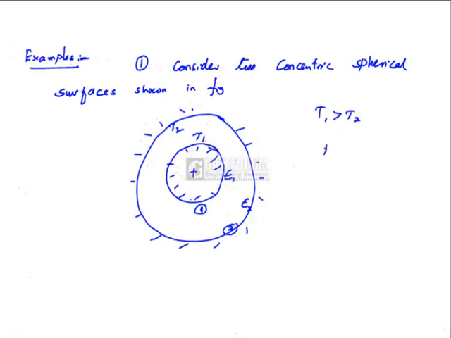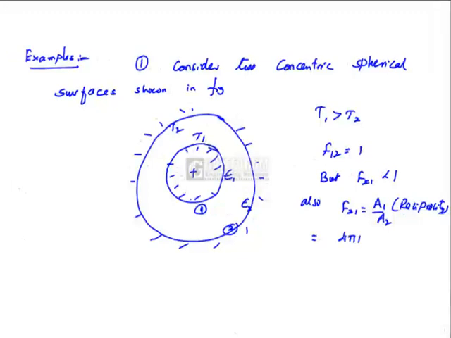Therefore, F12 here is equal to 1. But F21 is less than 1. And also, F21 is equal to A1 by A2 from reciprocity relation, that is 4 pi R1 square by 4 pi R2 square, where R1 is the radius of the inner sphere, R2 is the radius of the outer sphere, that is R1 by R2 whole square.